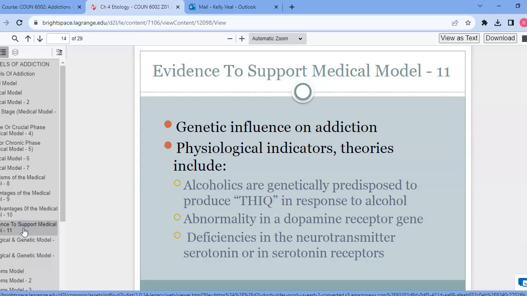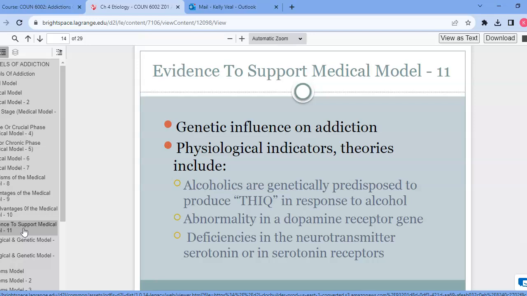All right. There's evidence to support the medical model. We know there's a genetic predisposition with alcohol, we know there's a genetic component, and we know that the brain shows us this. Alcoholics are genetically predisposed to produce THIQ in response to alcohol. There are abnormalities in the dopamine receptor gene. And then, of course, deficiencies in our neurotransmitter receptors, which is why I always say SSRIs are very important in treatment.